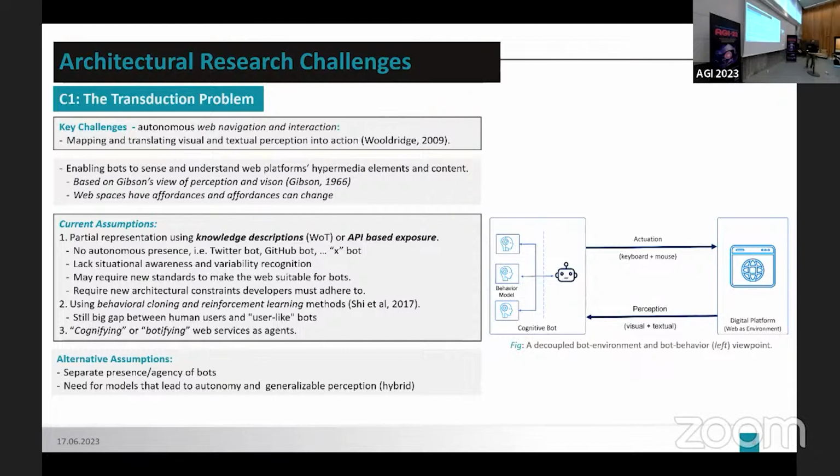The new way of approaching this is to use behavioral cloning, but with bigger platforms. OpenAI uses, I think, Universe or something. These are promising, but there is a huge gap and no closeness to a human user.